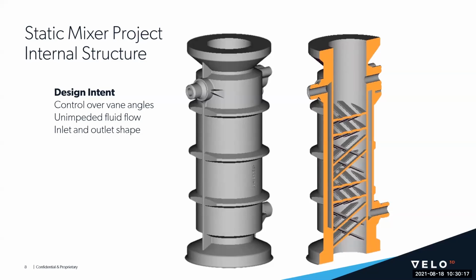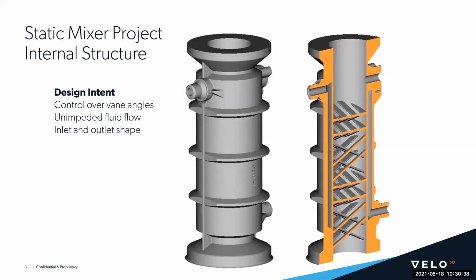So some of the key design aspects that we need to pay attention to when modifying this part for manufacturability: we wanted to maintain the design intent. First, we wanted to keep the baffle angles at the 20-degree angles that they are. Second, we wanted to maintain unimpeded fluid flow.